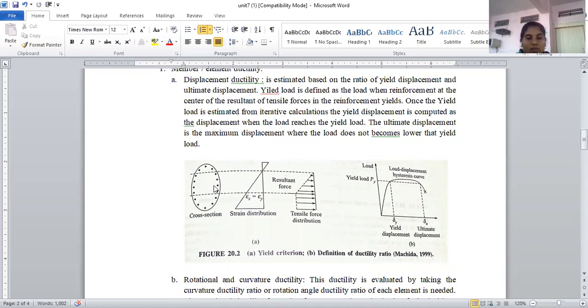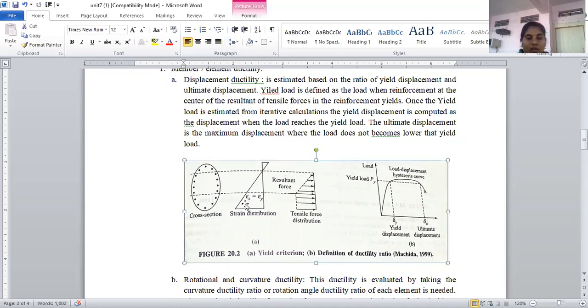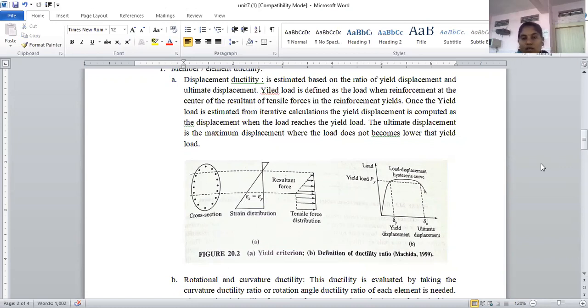You can see in figure number 1, that is figure A, where the circular cross section area is shown, with the strain distribution and the resultant tensile force distribution, for this ductile detailing of RCC members. The ultimate displacement is the maximum displacement where the load does not become lower than the yield load. So you can understand the difference between the ultimate and the yield displacement.